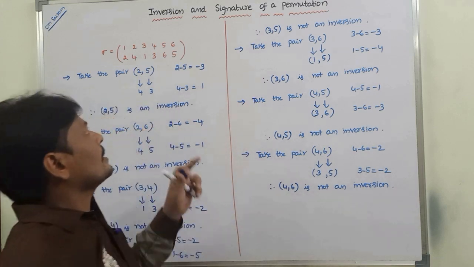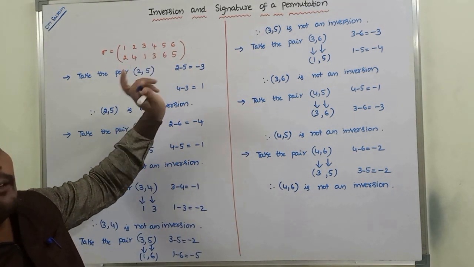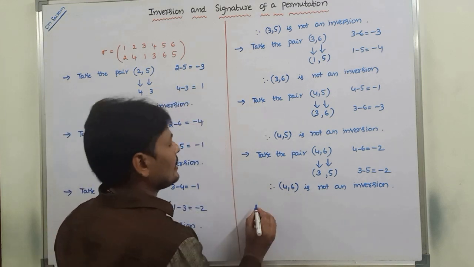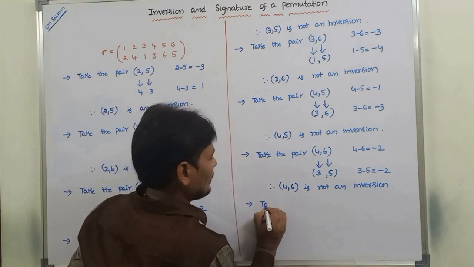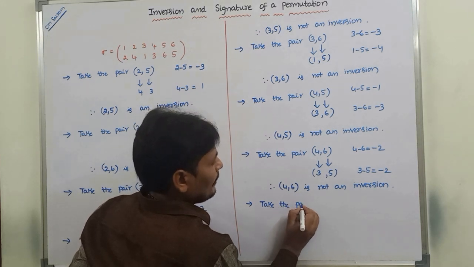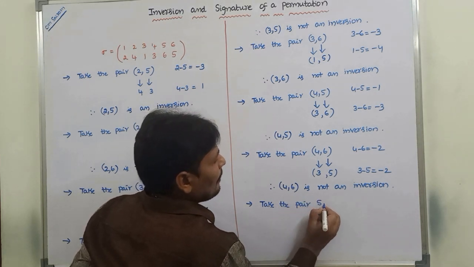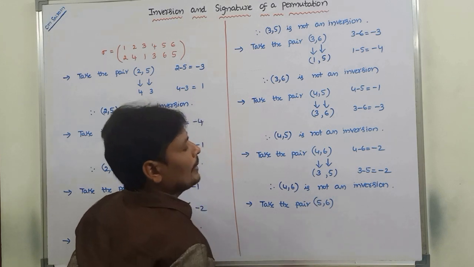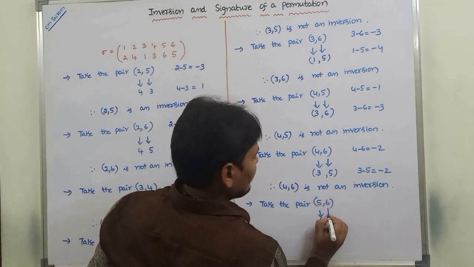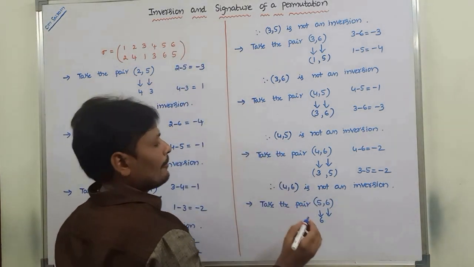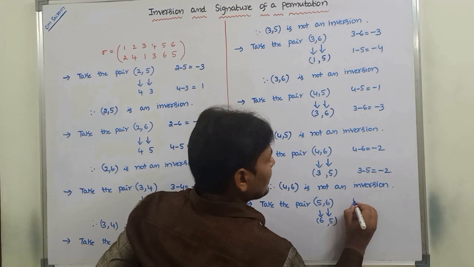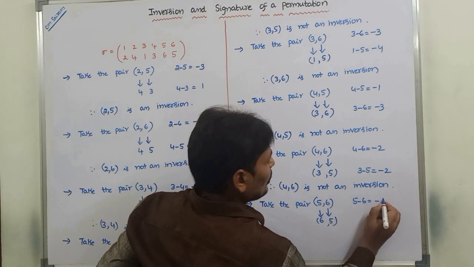Okay. Next, I am taking the element 5. 5 is combined with 6. So take the pair 5 comma 6. Okay. So 5 image is 6, 6 image is 5. Okay. The difference between 5 and 6 is 5 minus 6 is equal to minus 1.